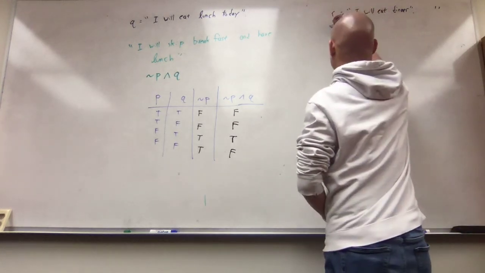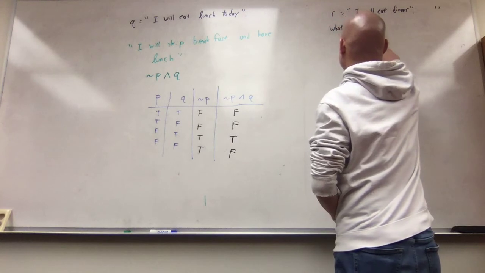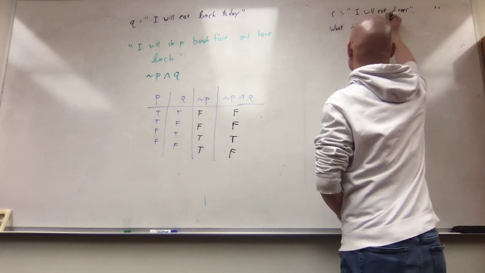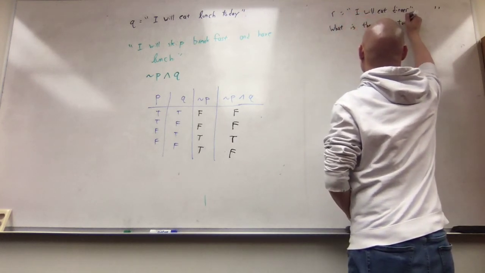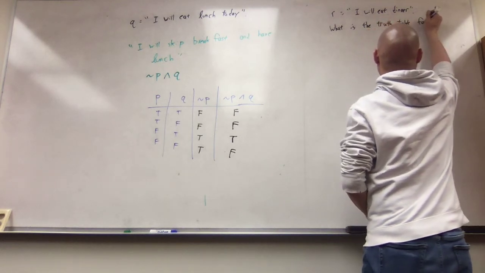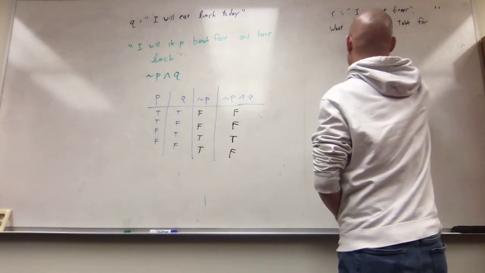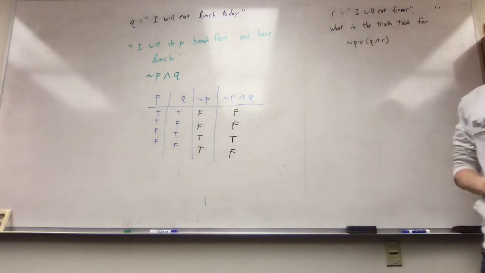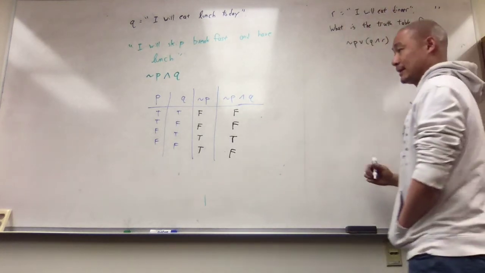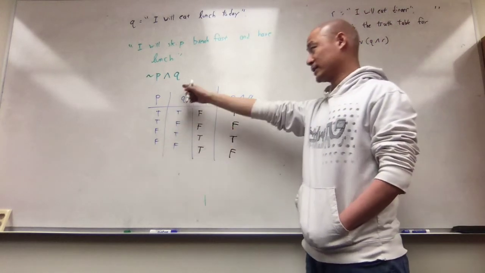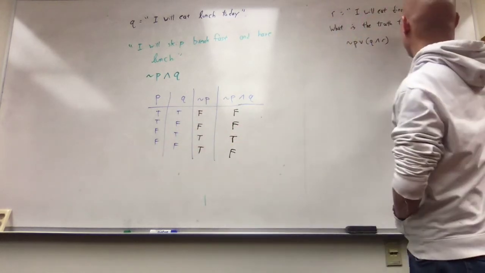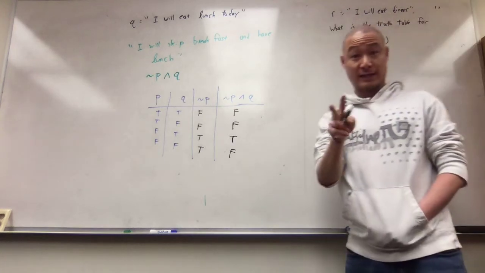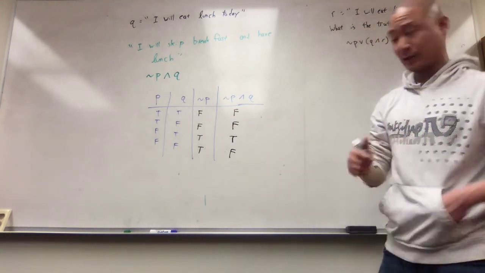So let's look at the truth table for not P or Q and R. So P could be two things, Q could be two things, our new thing R could be two things, so that's 8 possible combinations.